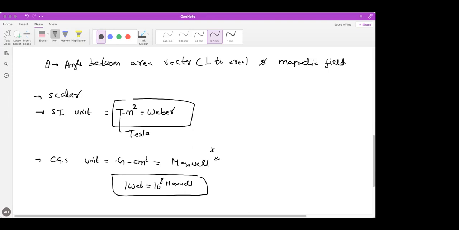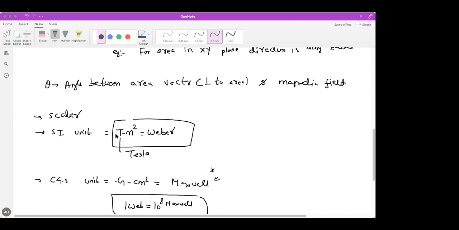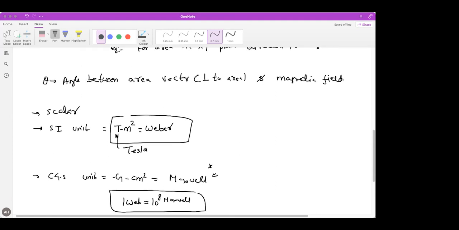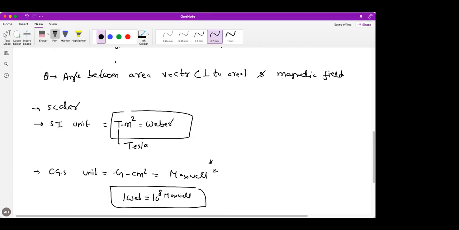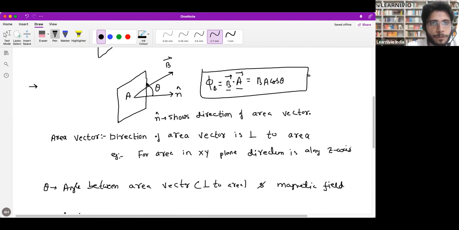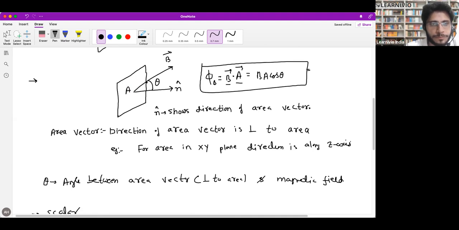So before this, some part is there, right? Which one? Right before this. Up. Sorry, I didn't get you. So can you move up? I didn't write that part. Okay. This area vector. This one?